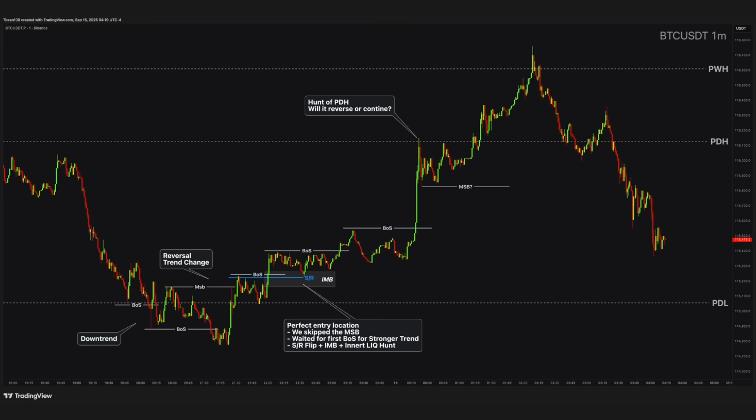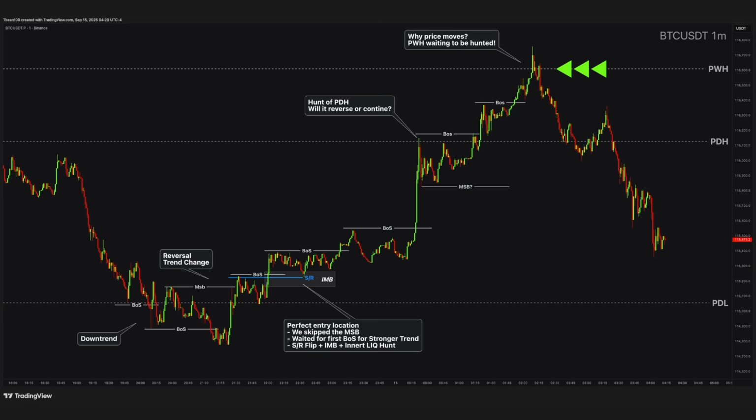In this example, you can clearly see that there is no real market structure break for a reversal. That means the trend hasn't shifted from an uptrend into a downtrend yet. Instead, the price keeps breaking structures to the upside, climbing higher and higher. At the very top, we also have the previous week's high just sitting there waiting to be hunted.